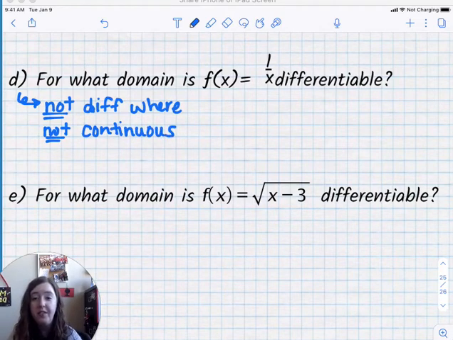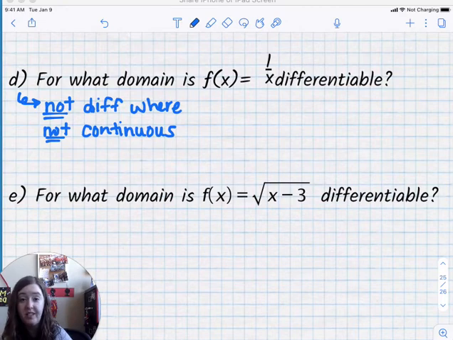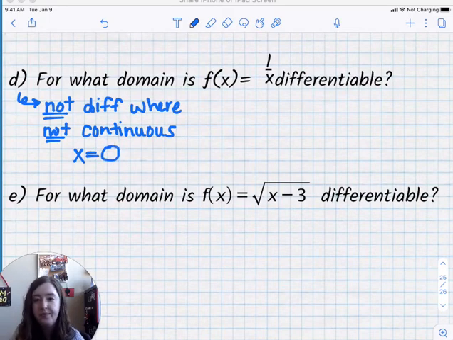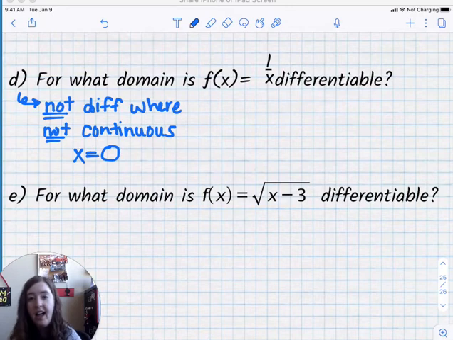It's not going to be differentiable where it's not continuous. Remember, a rational function like 1 over x is not going to be continuous wherever our denominator is equal to 0. So we'll take our denominator and set it equal to 0. So that means we cannot have a value at x equals 0.